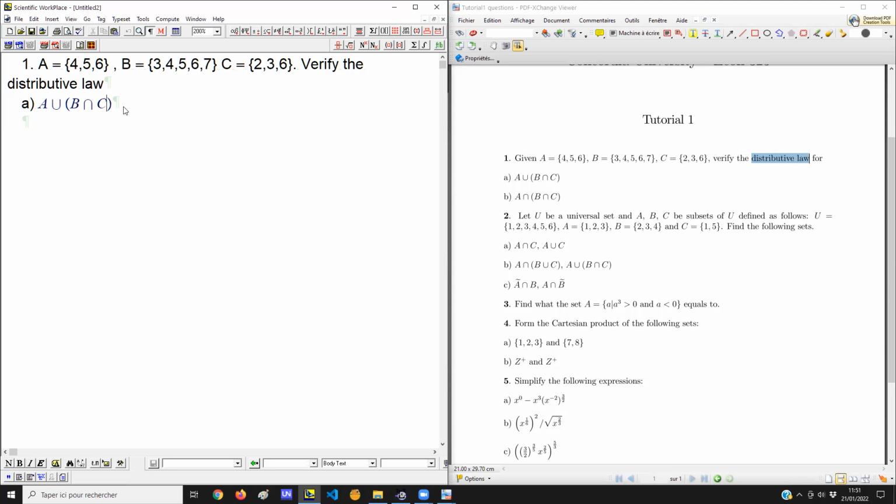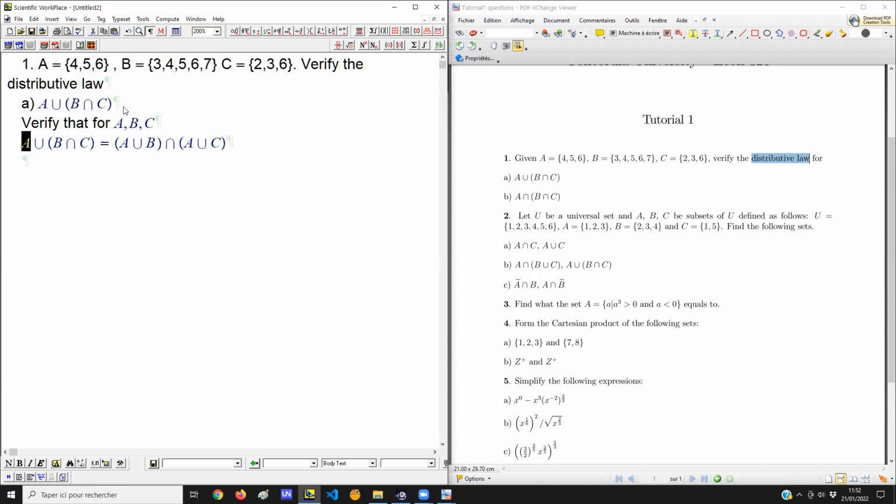Somebody remembers? Yes, so basically we have to put it equal to A union B intersection A union C. So we verify that for A, B, and C, we have that this equals A union B intersection A union C. Yes, so this is the distributive law.